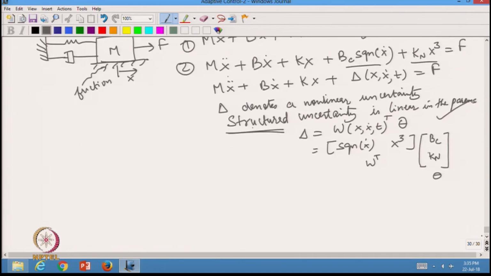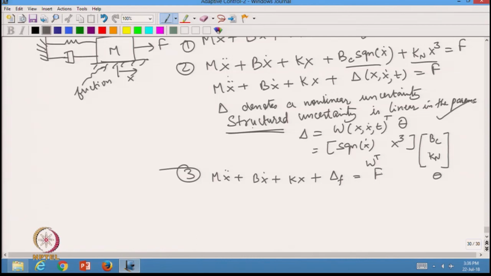Okay, so, number 3. Number 3 could be, we have delta which includes a slightly complicated model of friction. So, let us say we have m x double dot plus b x dot plus k x plus delta f is equal to f.